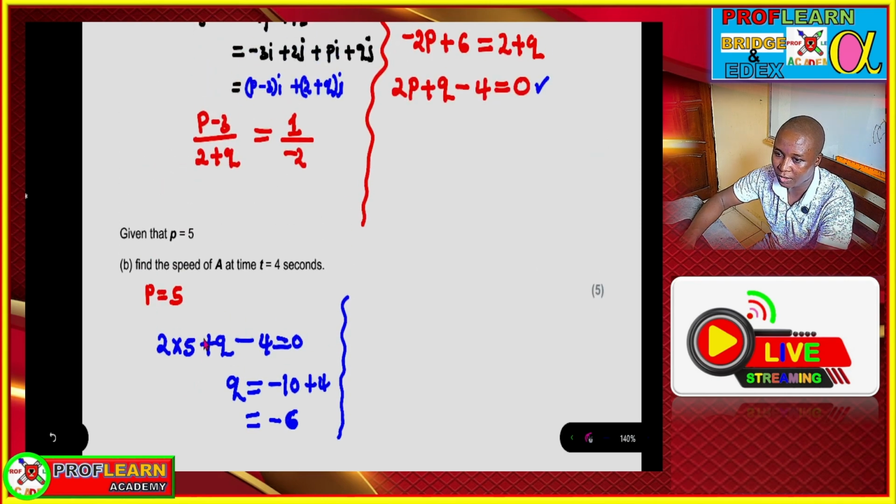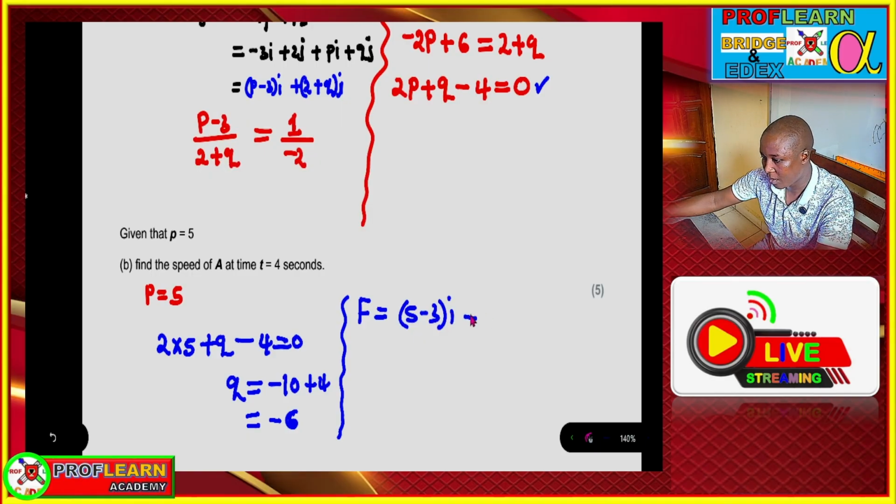The resultant force F is going to be 5 minus 3 I plus 2 minus 6 J, which translates to 2I minus 4J.